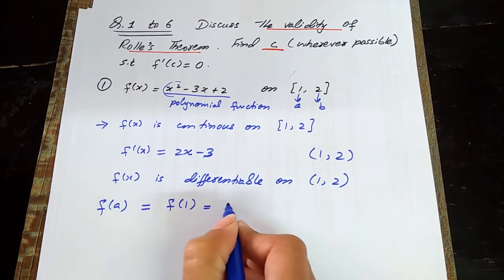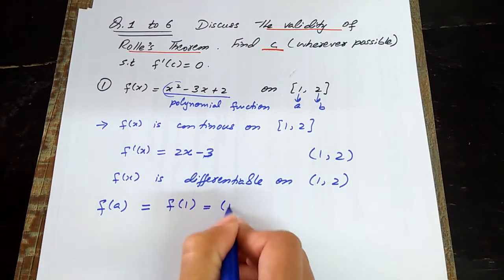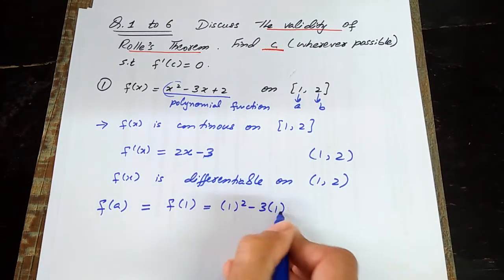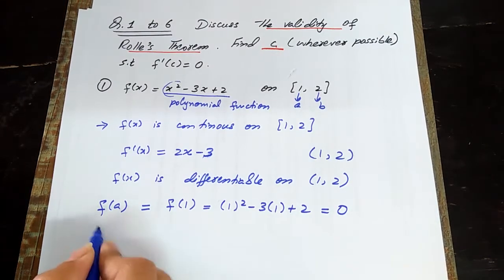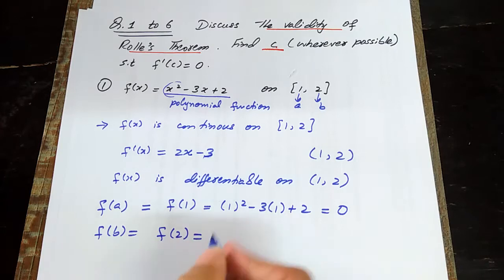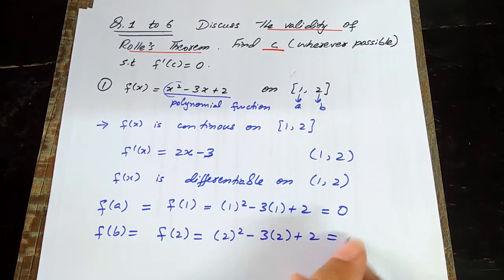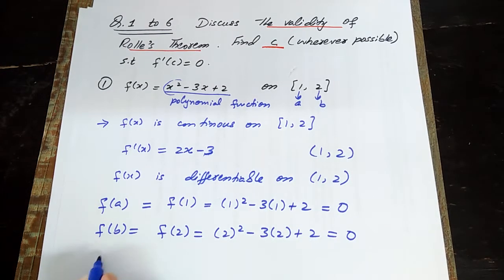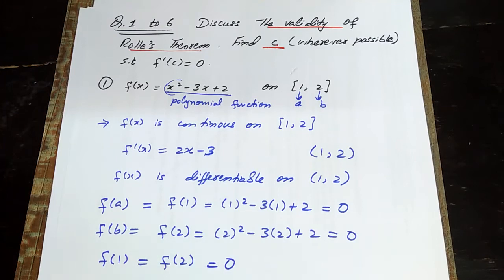We put 1 in place of x, so 1 squared minus 3 into 1 plus 2, and we get 0. Again, f of b is f of 2. Put 2 in place of x: 2 squared minus 3 into 2 plus 2. Again we get 0. Now you see f of 1 equals f of 2 equals 0.